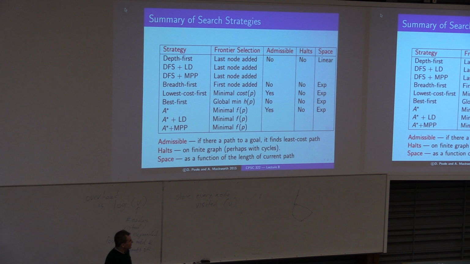Depth first search was originally not admissible, it didn't halt, and it was linear. And things like A star and the other ones are exponential space. So what is it better for?